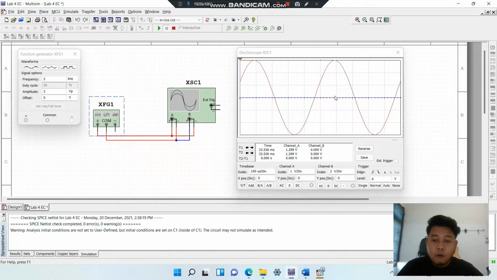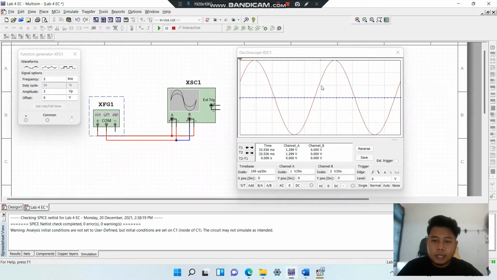So for VP, I give you an example. VP is from center to peak. So we can calculate the VP: 1 2 3.